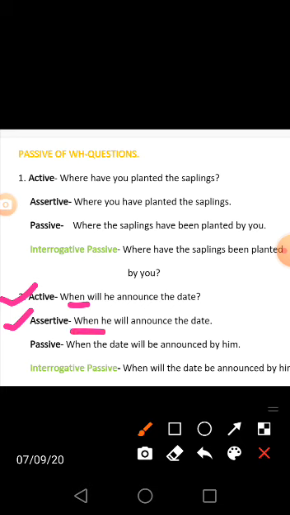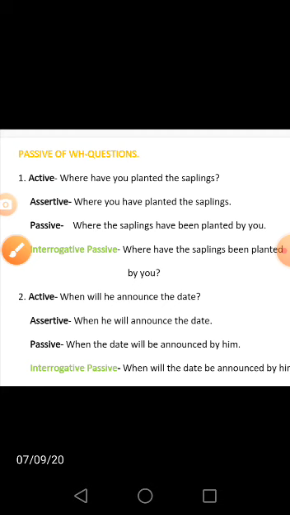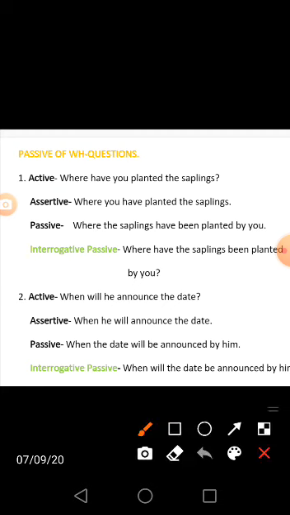It has come in the beginning only. After that, in the first sentence, all of you see, will he announce. Okay, but in the second sentence, first he, then will announce together. So, when he will announce the date. This is the assertive form.